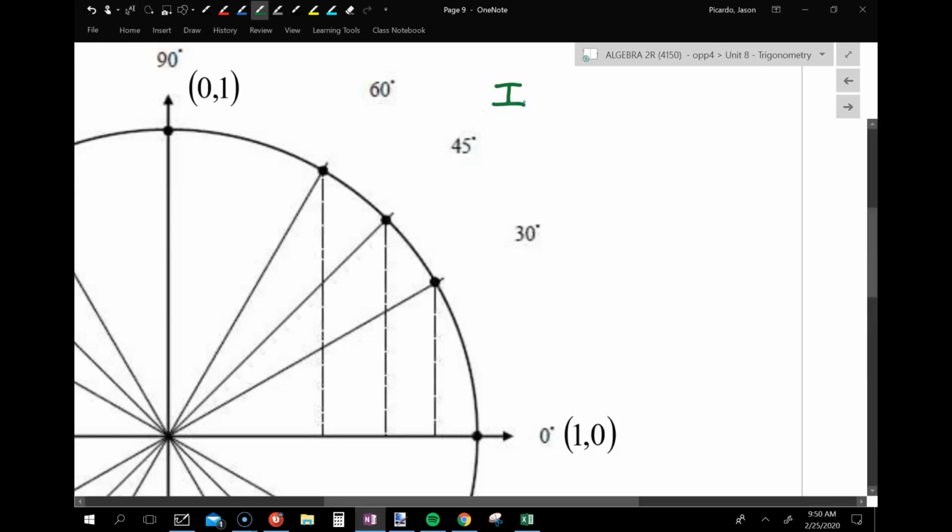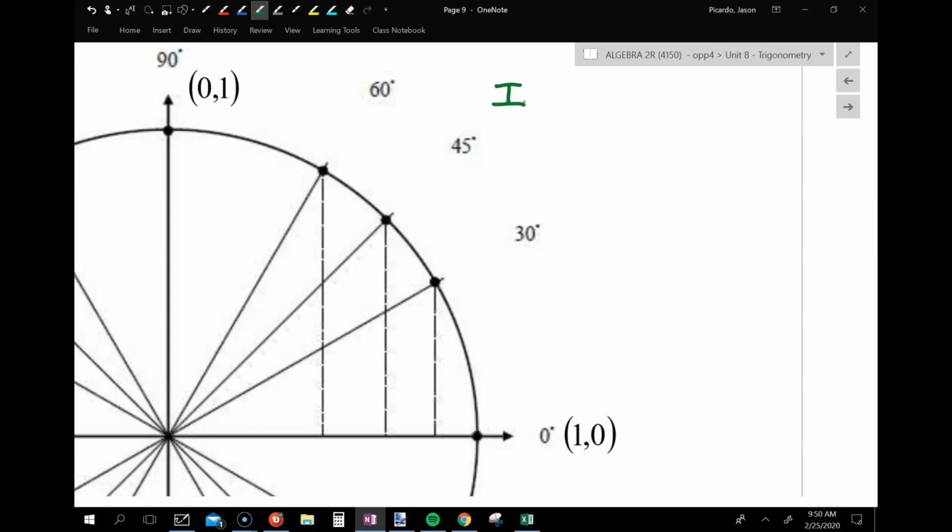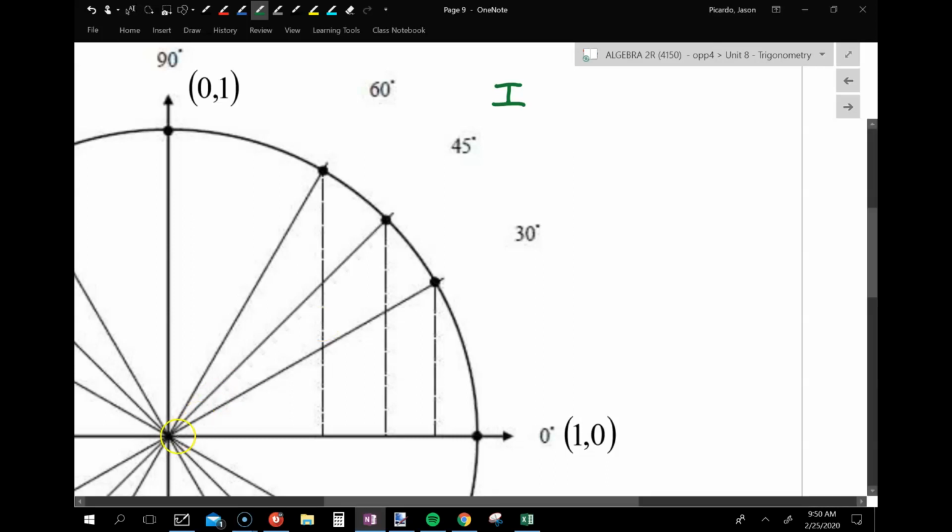Okay? Here, do you see how I have some overlapping triangles? This is going to be a reference angle. What's that reference angle listed at right now? 30 degrees. So if I was to label this, that would be a 30-degree angle. Everybody cool with that?